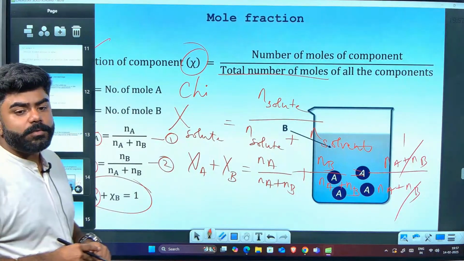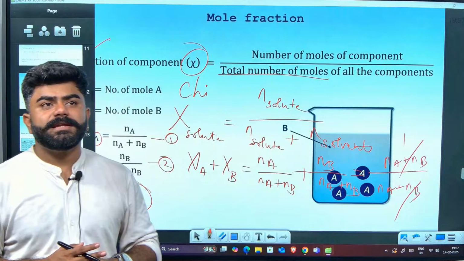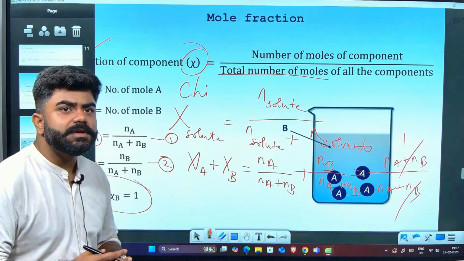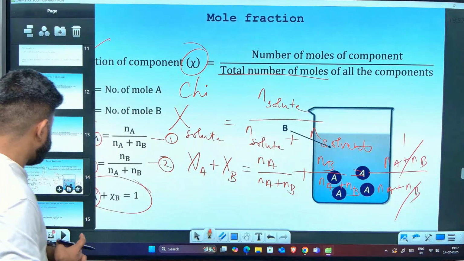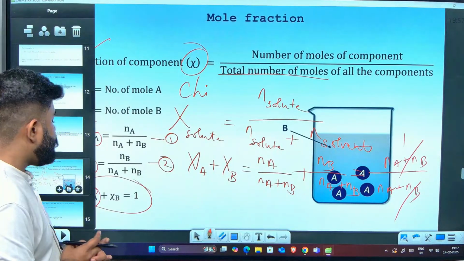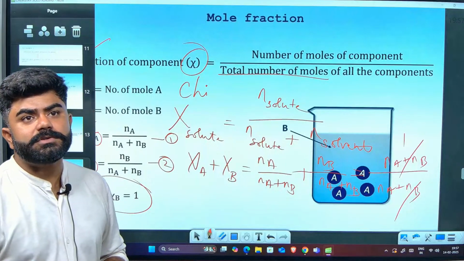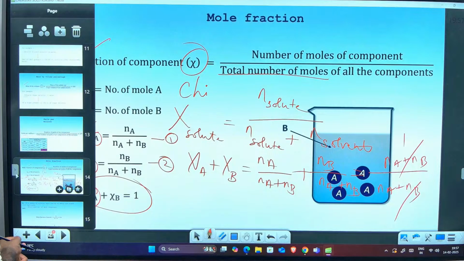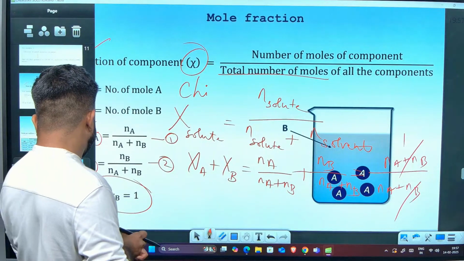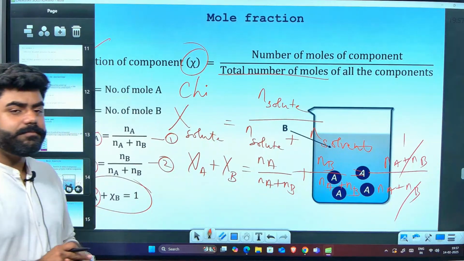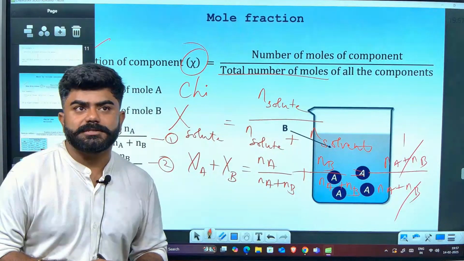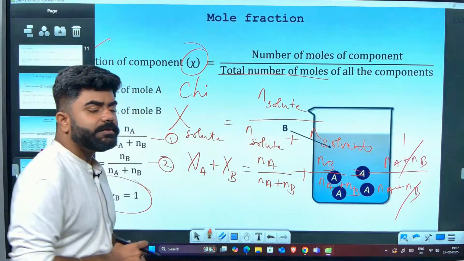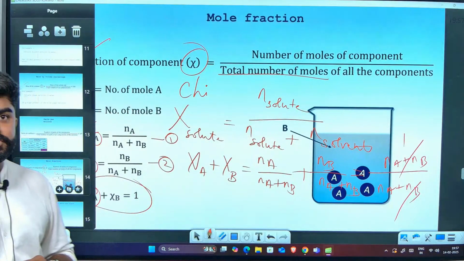If 4 moles of alcohol and 6 moles of water are mixed, calculate the mole fraction of each component.